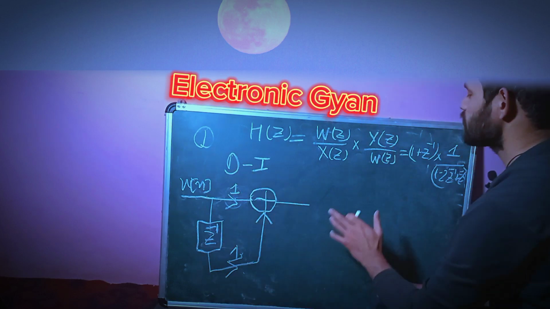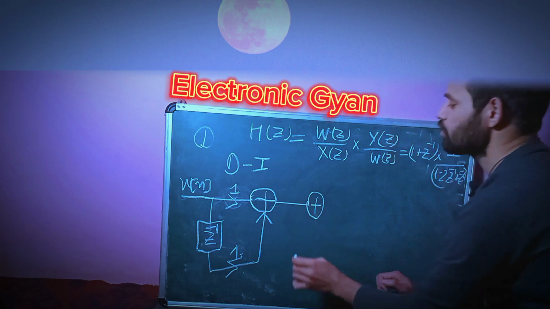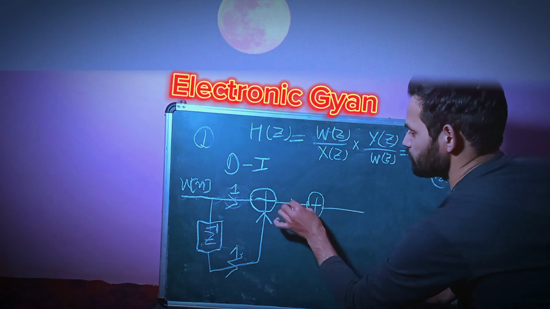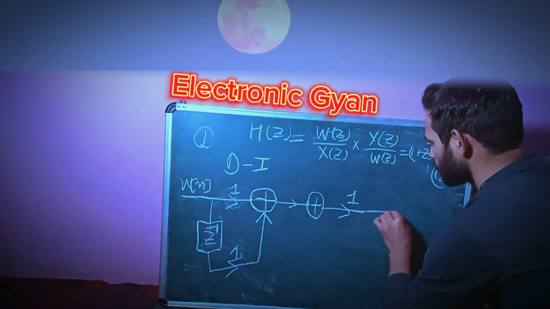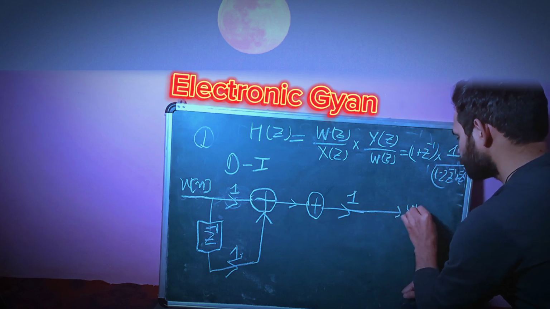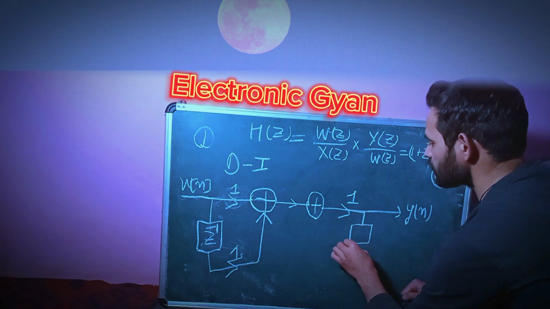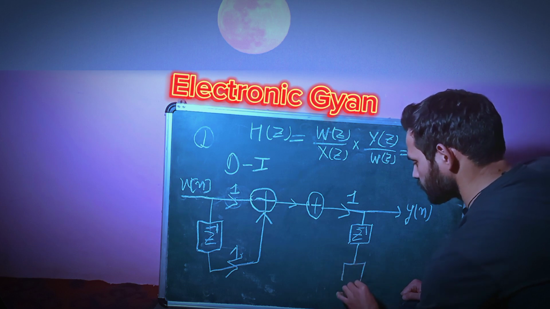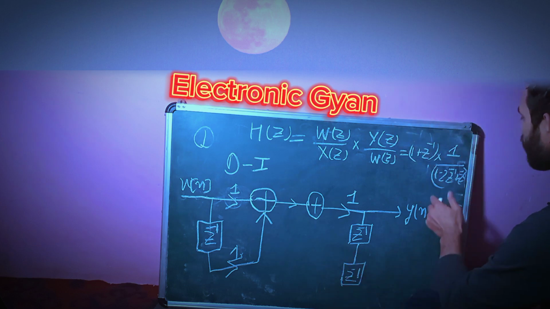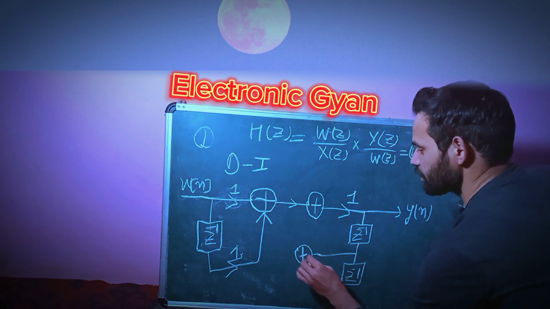Now this forward path is followed by the feedback path. Here we have to draw the feedback path. Here is the gain 1, then here is the output y of n. The feedback is delayed by 2 units, so this is z minus 1 and this is z minus 2, and I will add these 2 delays with a summer.